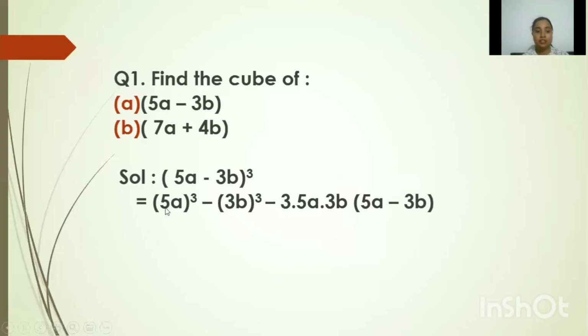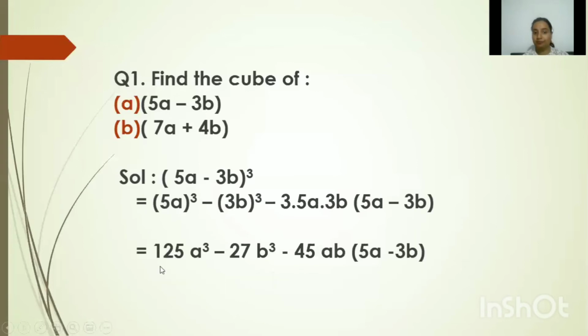We will take the cube carefully. Look here. 5 cube is 125, a cube, minus 3 threes are 27, minus 3 fives are 15, 15 threes are 45, a and b. Written this way. Now (5a minus 3b) as it is.